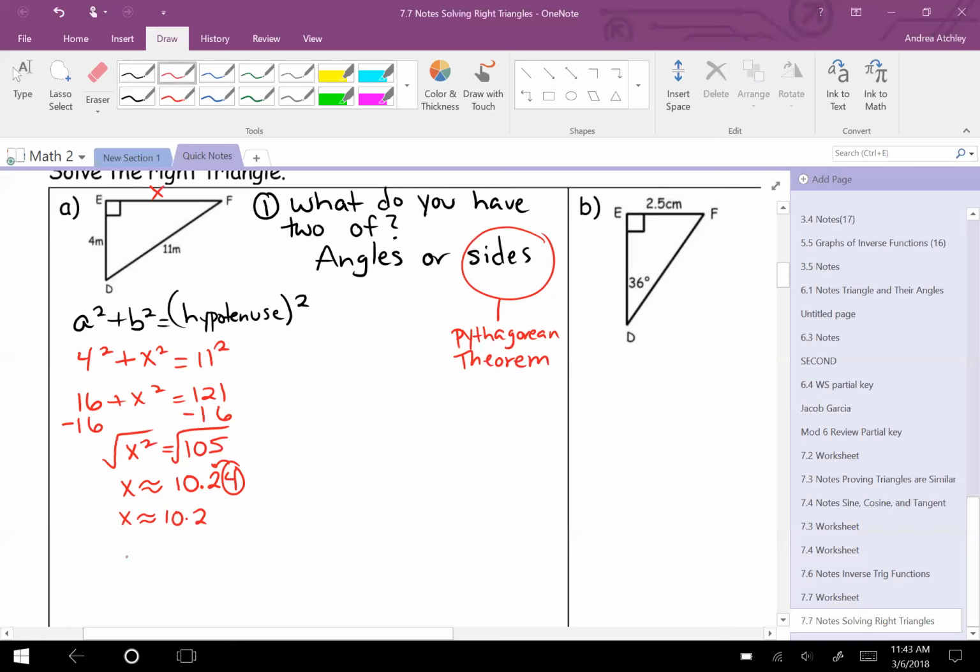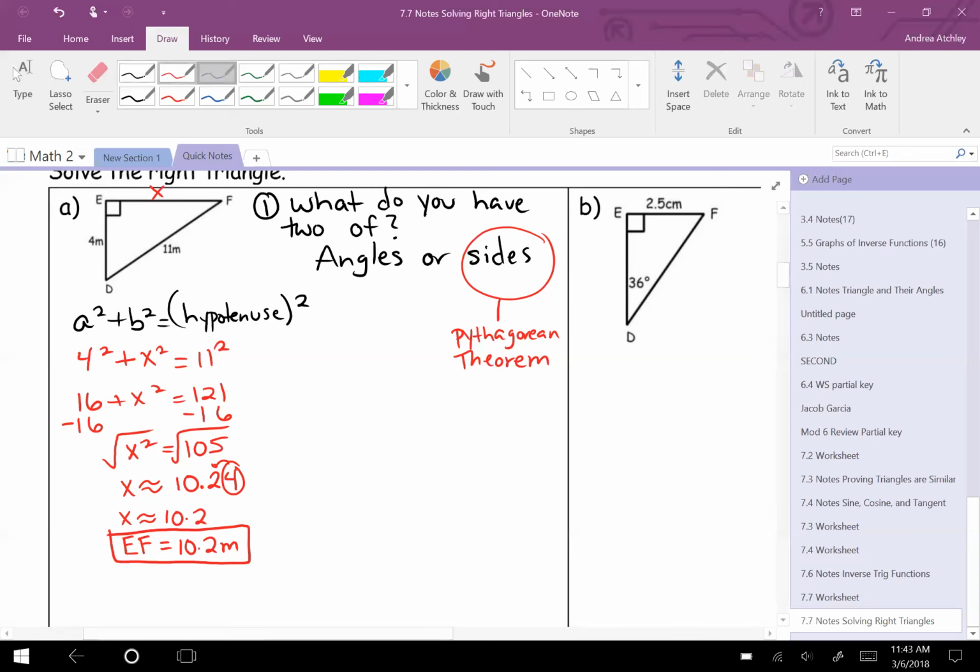And x is representing the length of EF. So EF, let's make that E look more like an E, equals 10.2, and then this is meters. Okay, so that's one part.